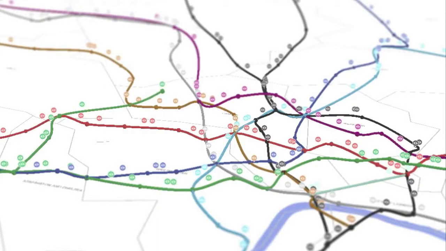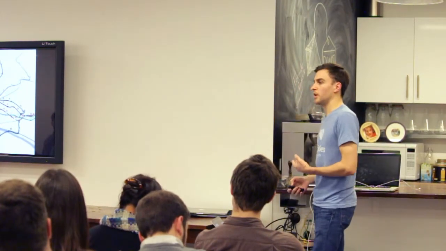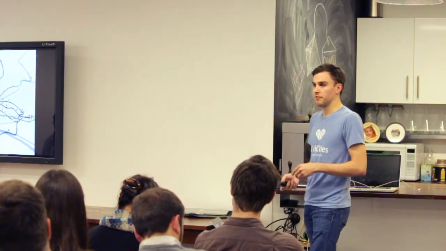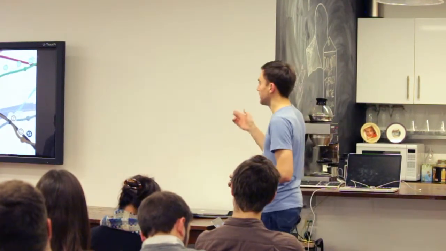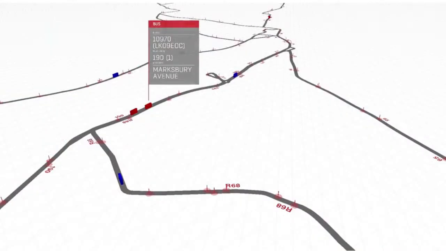So one example of that is using 3D not as a gimmick, but actually as a way of seeing something in a new way. So this is the London Underground network in 3D. The trains that you can see here are actually, or were when the video was recorded, moving in real time.